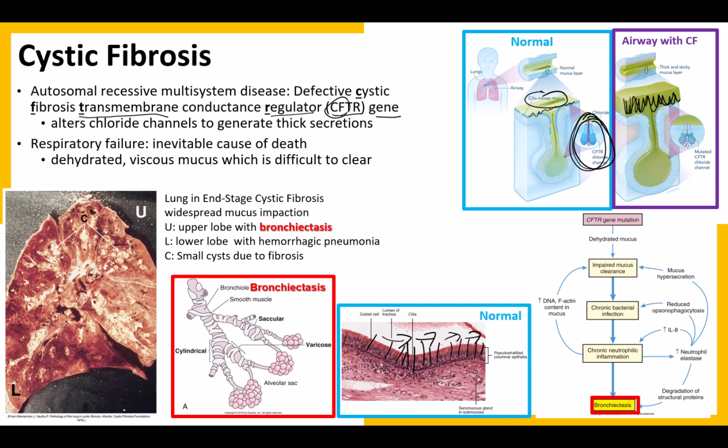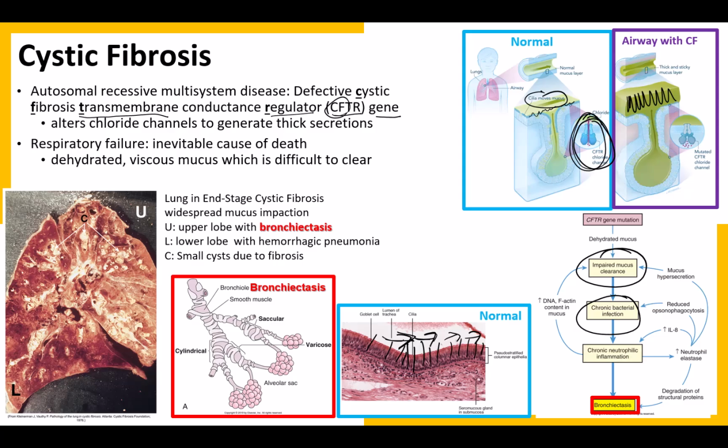If the mucus is thickened, right, if it's thicker than normal, it's heavier to move. So the cilia can't actually do this as efficiently. And what happens when the cilia can't clear the mucus as efficiently is that the bacteria basically stays within the respiratory system.